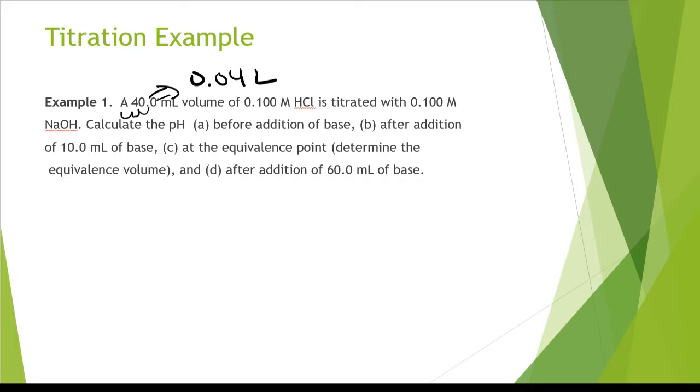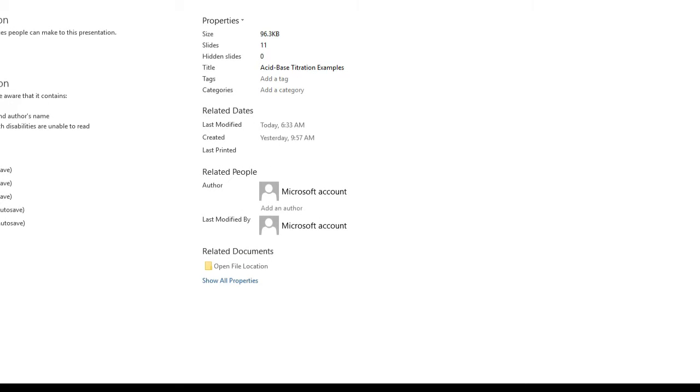Okay, and then one of the first things that you want to do, let's go to another page here. So let's rewrite this detail here. We have 0.04 liters of a 0.100 molar solution of HCl.